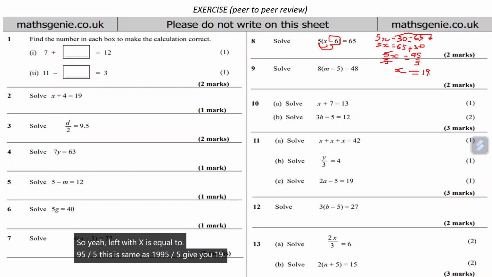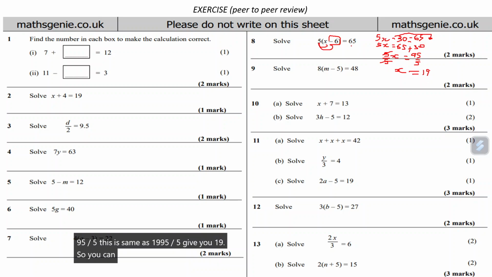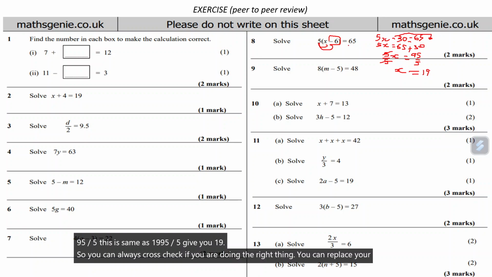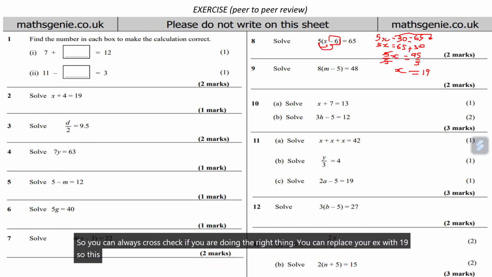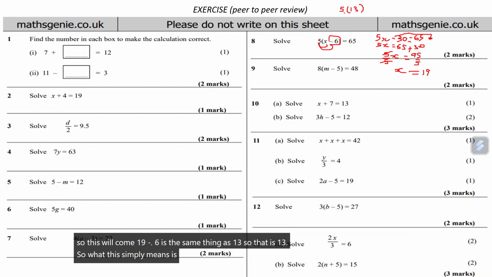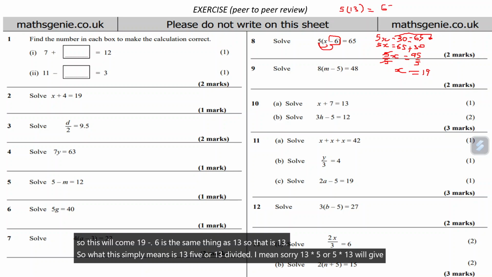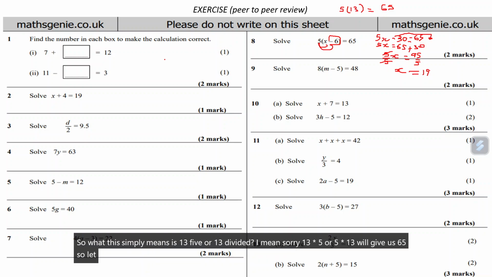So you can always cross-check if you are doing the right thing. You can replace your x with 19. So this will become 19 minus 6, which is the same thing as 13. What this simply means is 5 times 13 will give us 65. Let me show that multiplication.